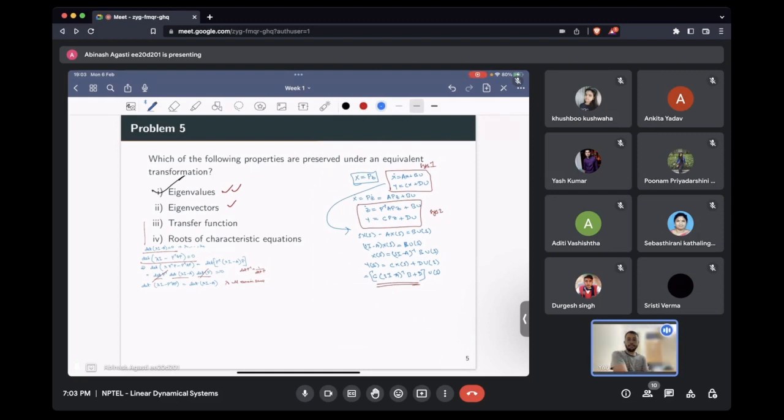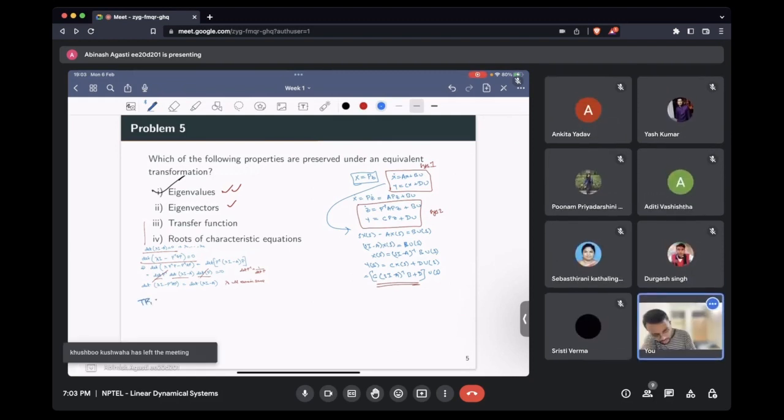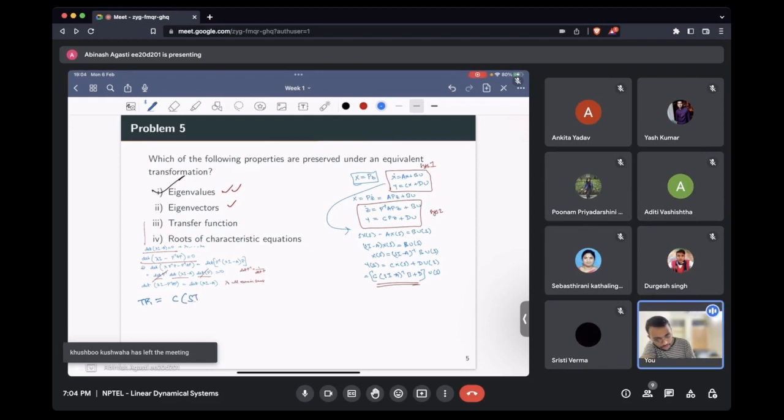So this is the transfer function for system 1, right? TF1 is equal to C (sI minus A) inverse B plus D. And then TF2 I want to find out.